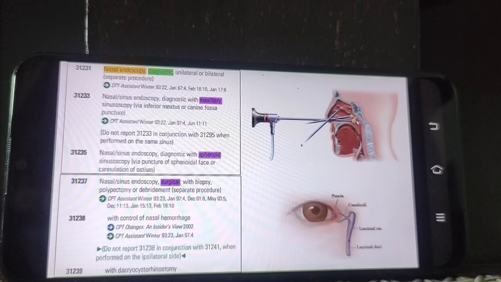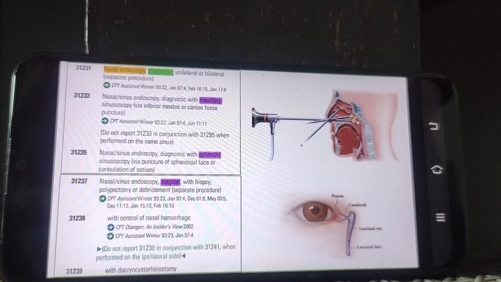The above code section is for nasal endoscope only. Then the following code section is for nasal endoscopy with sinoscopy. That means for maxillary sinoscope 31233 and sphenoid sinoscope 31235. 31233 is for nasal or sinus endoscopy with the maxillary sinoscope, and 31235 with the sphenoid.